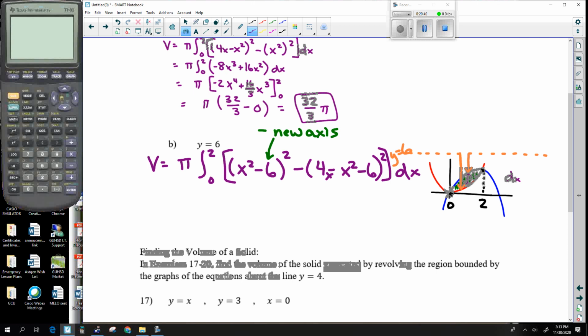Now this is kind of a lot of math that I don't actually show a lot of times, but just for giggles, let's take a look at what happens when this gets squared.